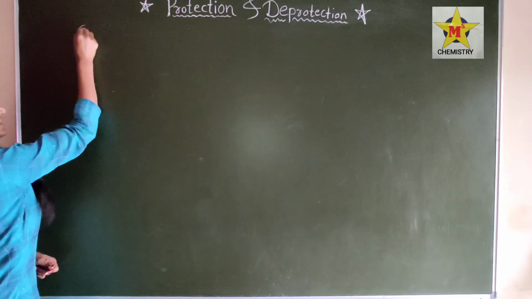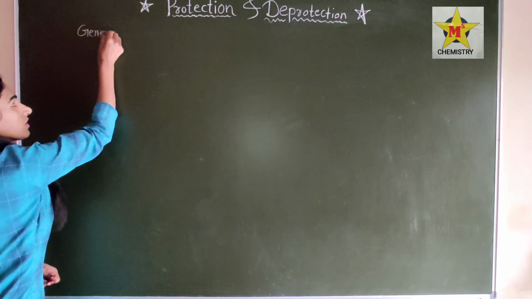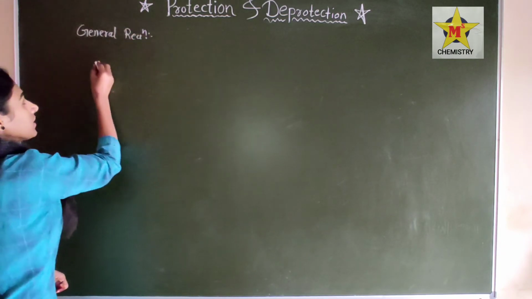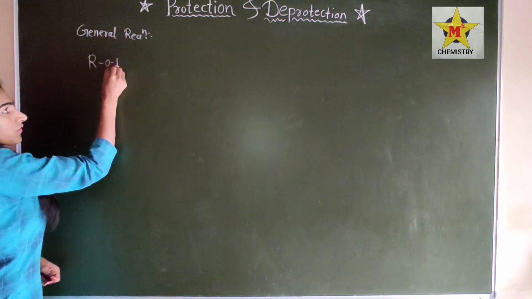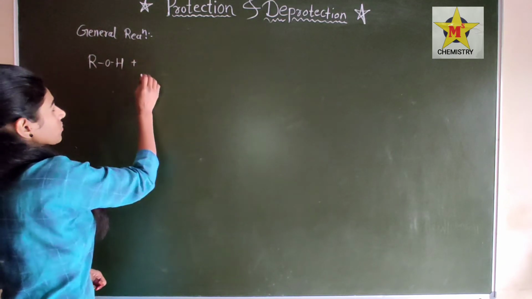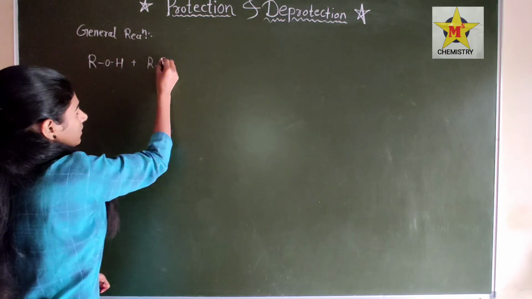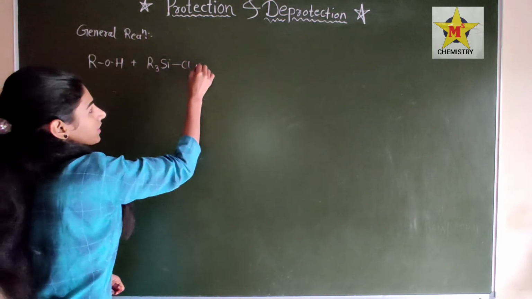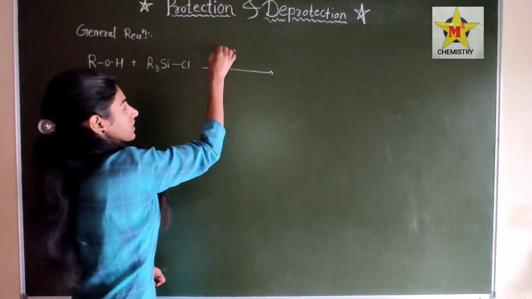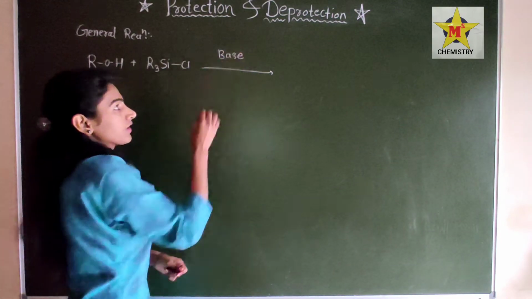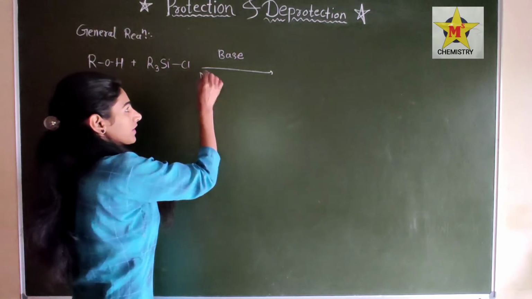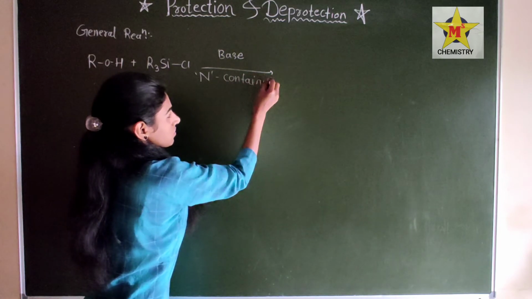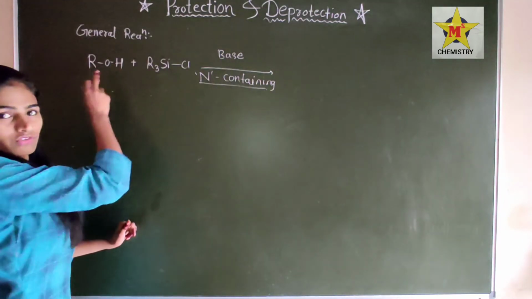If we discuss the general reaction, there is one alcohol functional group in the presence of base. In this reaction, all the bases contain nitrogen. Nitrogen containing bases are used to abstract the hydrogen of the alcohol functional group.